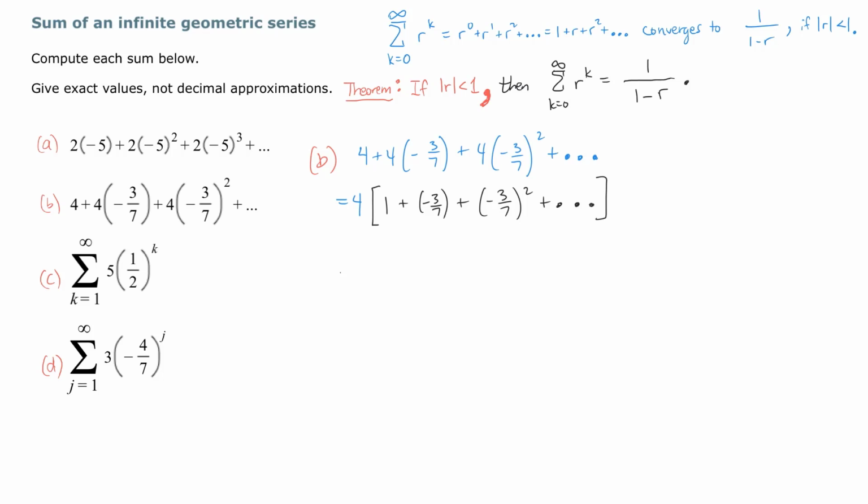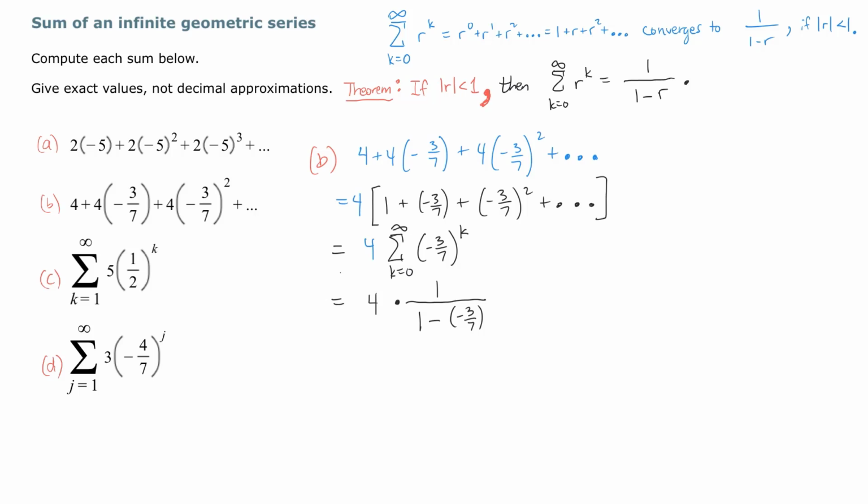This is now equal to 4 times the summation k equals 0 to infinity of the common ratio of negative 3/7 raised to the kth power. We do know that this converges. So why don't we just keep writing? We're going to say 4 times 1 over 1 minus negative 3/7.